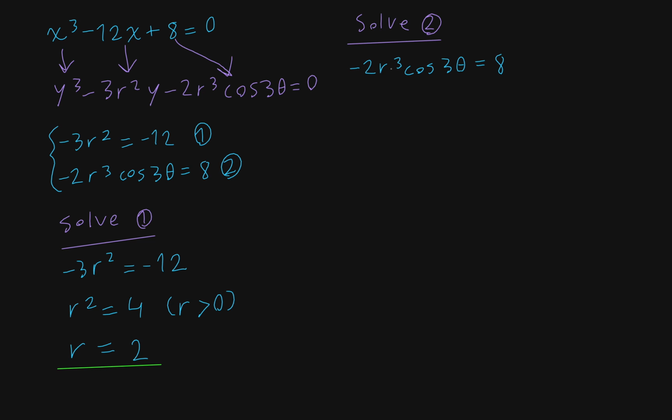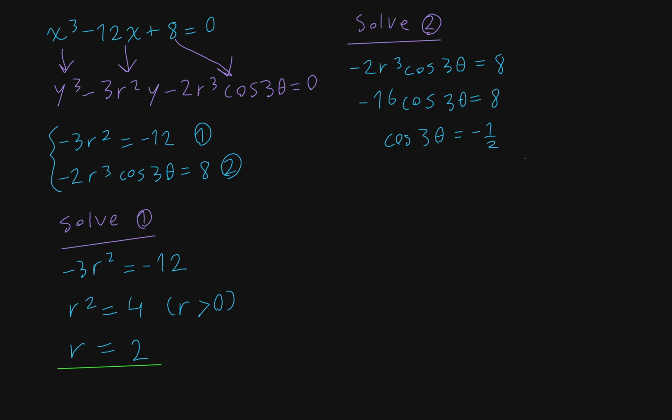So r is going to be 2. When we sub this in, we're going to get negative 16 cosine of 3 theta is equal to 8. And then we can just divide by negative 16, and we're going to get cosine of 3 theta is equal to negative 1 over 2.